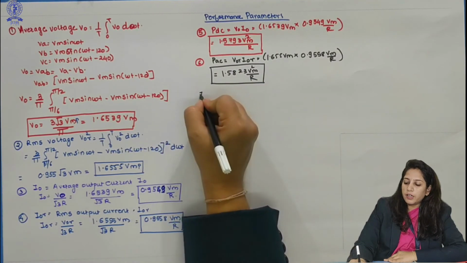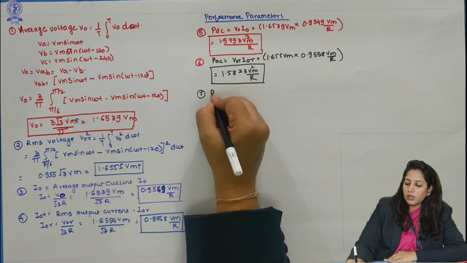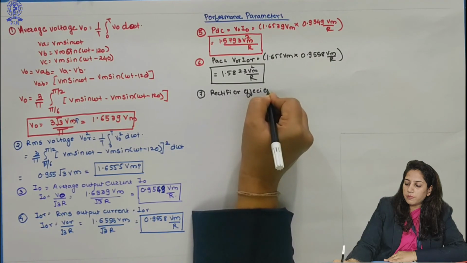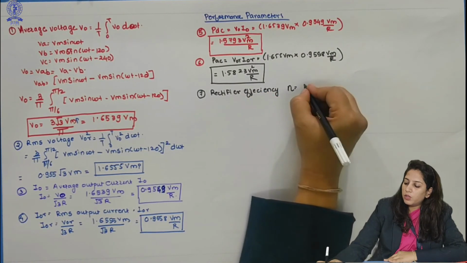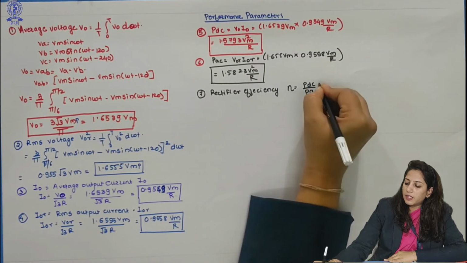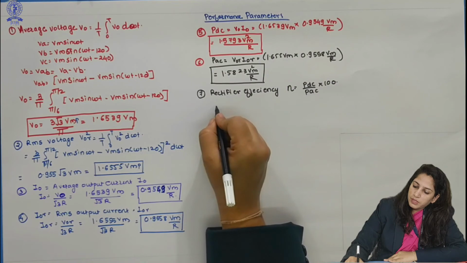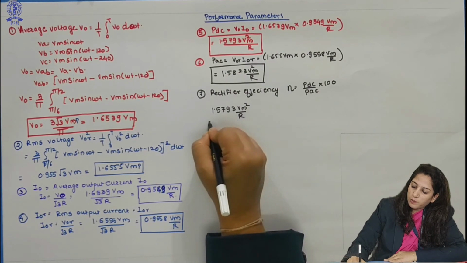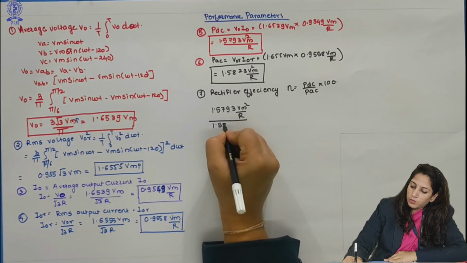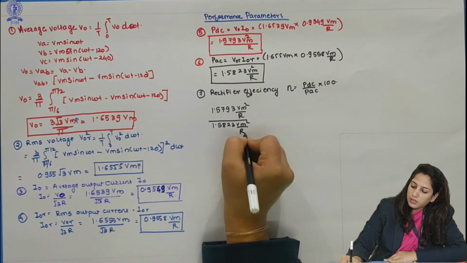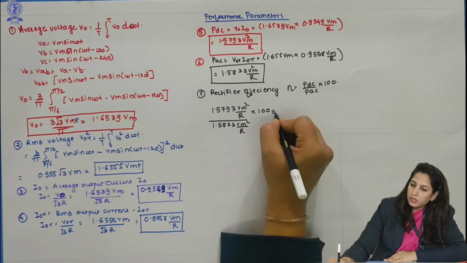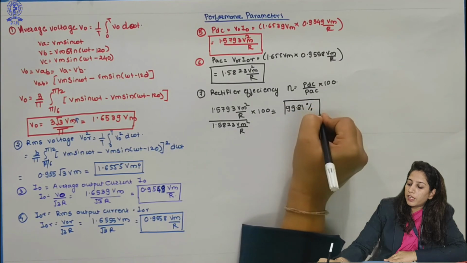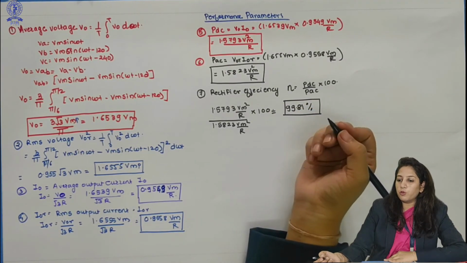Now our aim is to find the rectifier efficiency. Efficiency is equal to PDC upon PAC into 100. PDC is 1.5793 Vm square upon R, and PAC is 1.5823 Vm square by R, into 100. Here I get an efficiency of 99.81 after solving this, which is very high as compared to our half wave rectifier and full wave rectifiers.